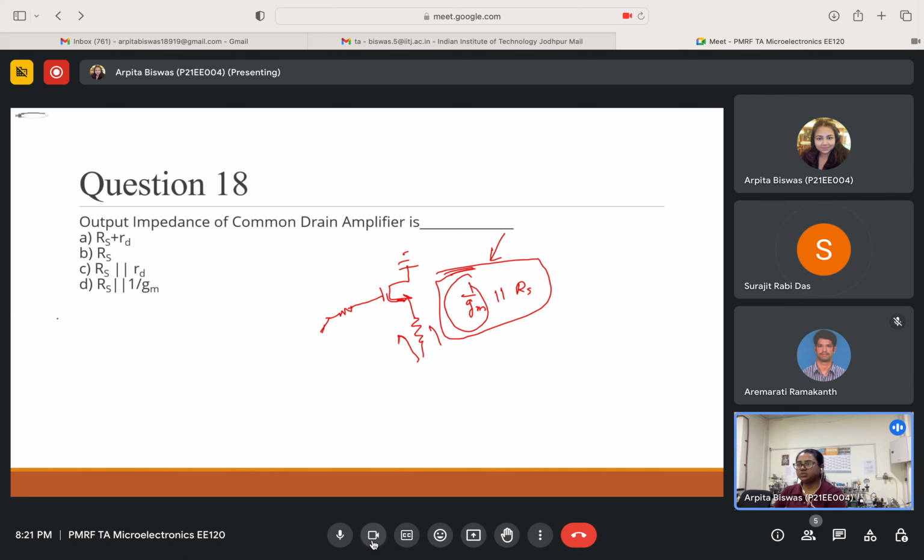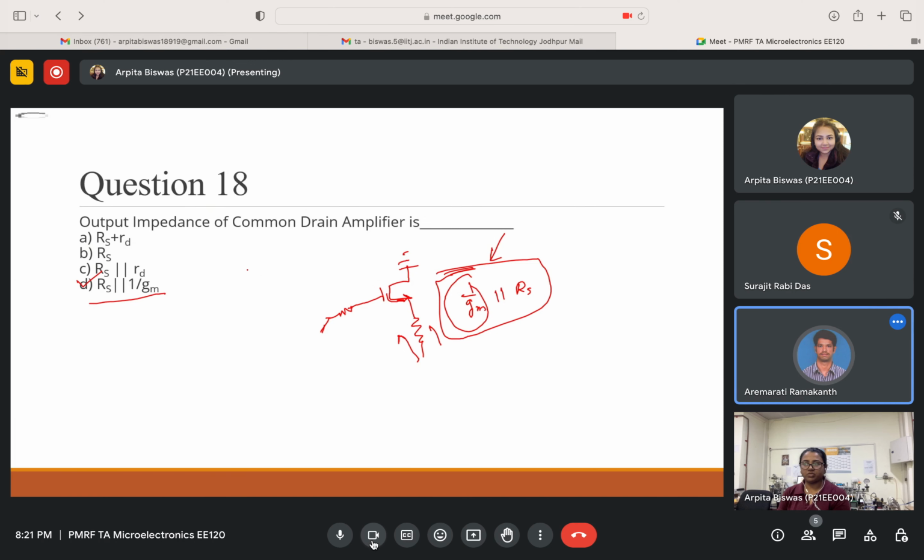So the right option is that one. You can recheck it. This RS is parallel with this 1 by GM or plus with this 1 by GM, when you're converting in the AC signal, na? How you can write it? Ramakant? Madam? Yes.